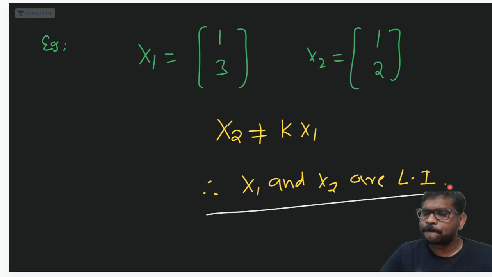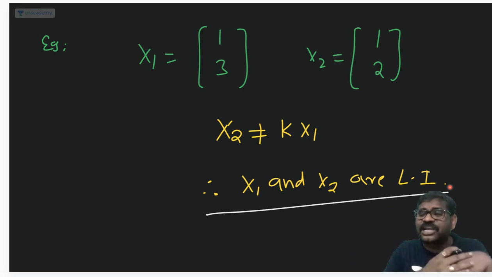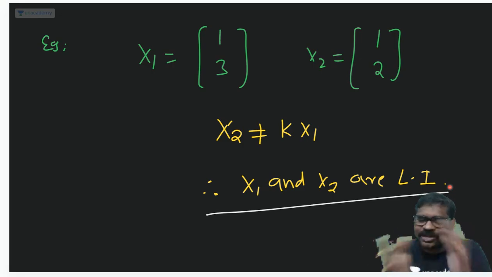Completed. Whenever two vectors are given, we can compare easily whether one vector can be expressed as a scalar multiplication of the other or not.